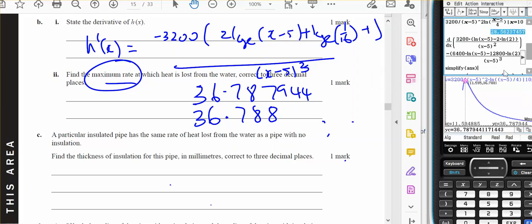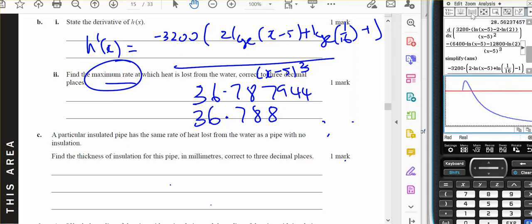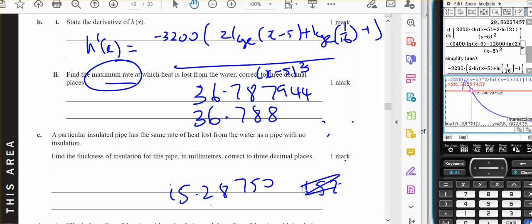So if I draw that and I do analysis, gsolve, intersection, there should be this intersection at 15.28750. 15.288 should be the answer, but it's also losing the same as what it lost at 10.